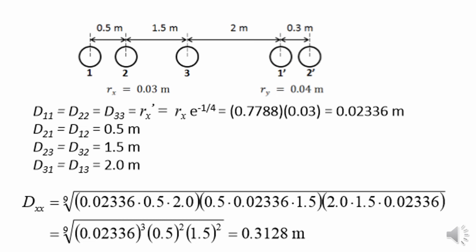They all have the same Rx, because they are all lines of the same conductor, which is conductor x. Then they will have the same radius, right?